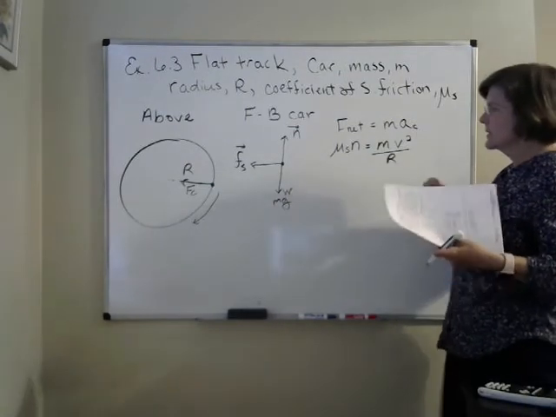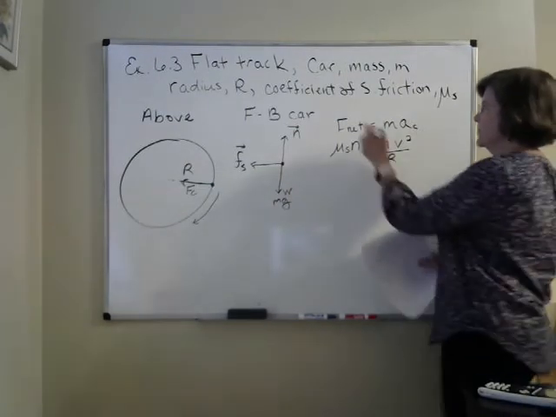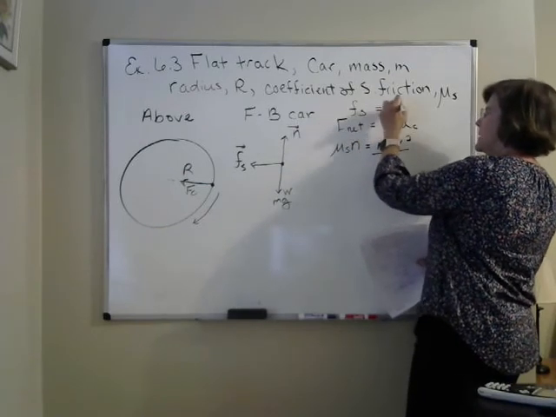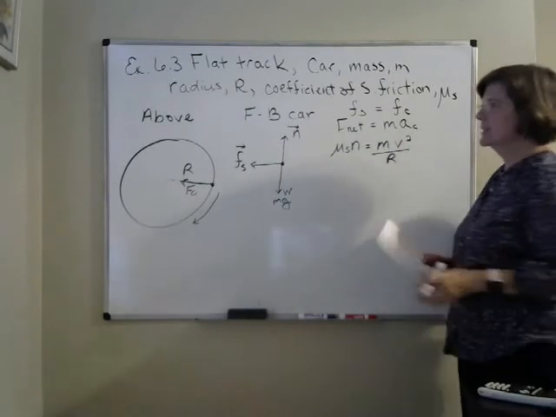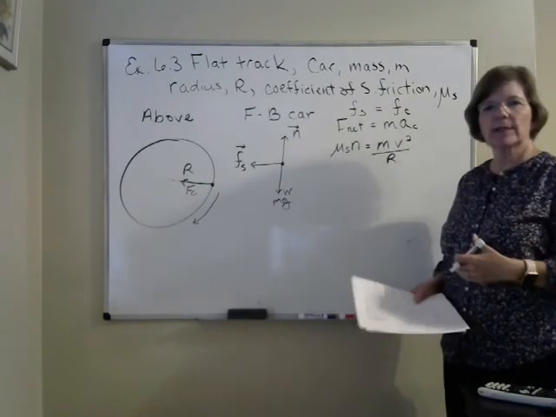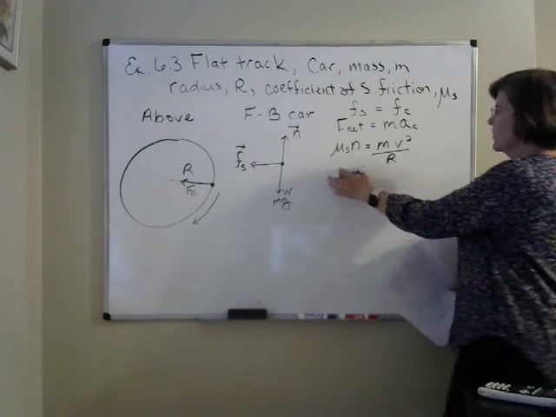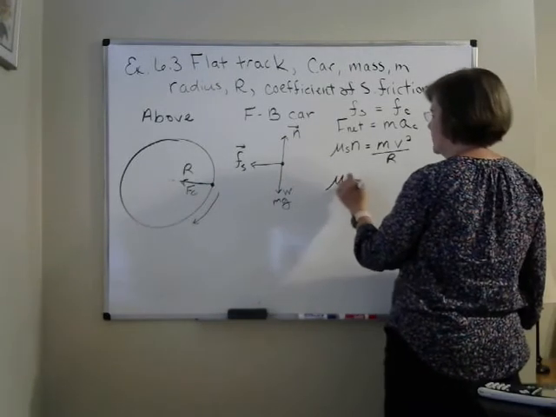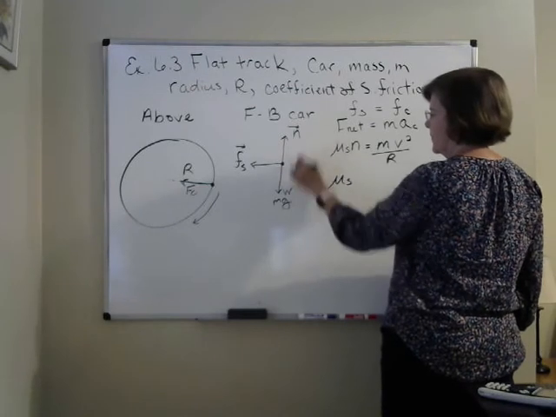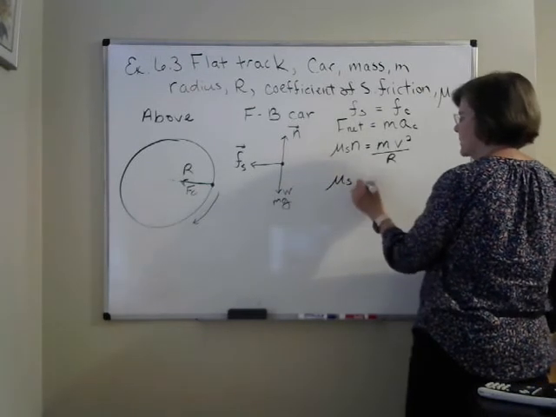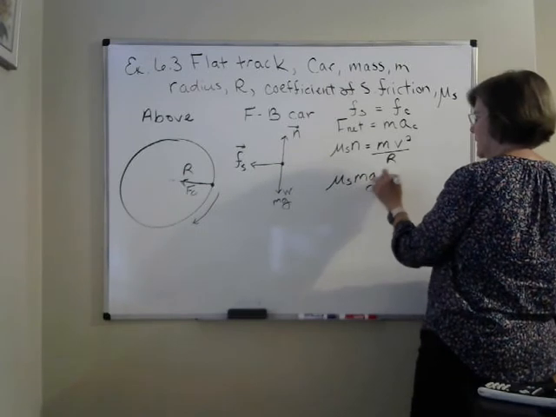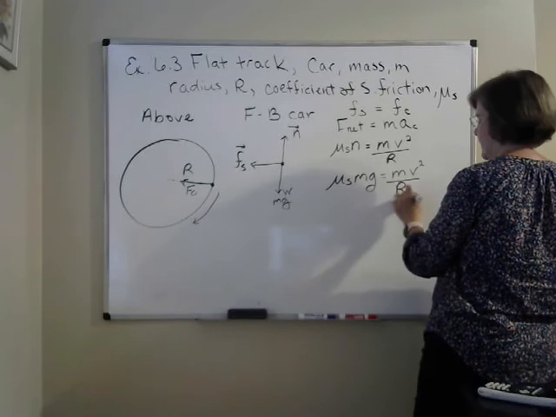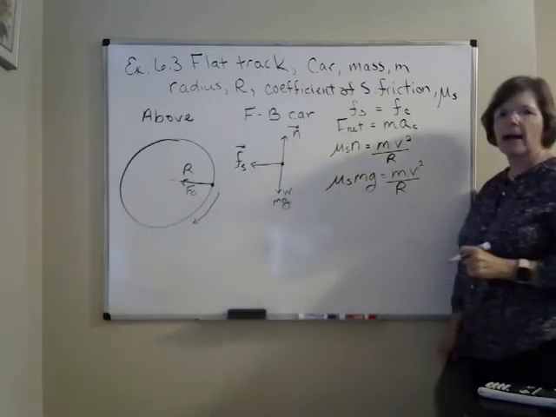So our static friction force, I should have written it like this. Our static friction force is the centripetal force. Static friction is what keeps you moving in a circle. So there's our equation. We can clean it up a little bit. The normal force, remember our free body diagram tells you, has to equal mg. So the masses are going to actually cancel out.